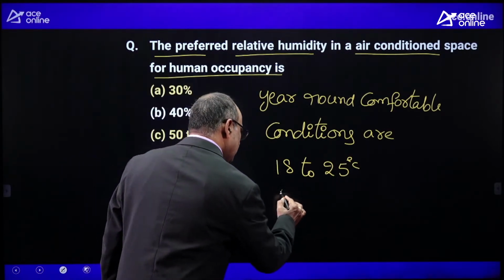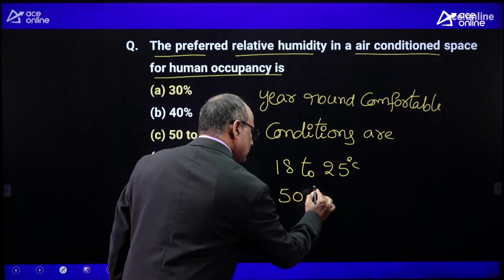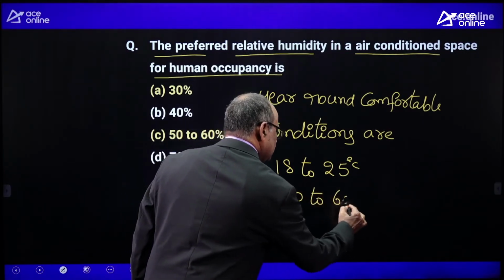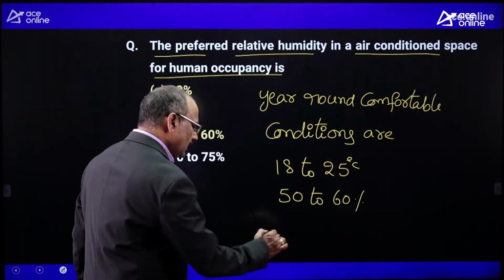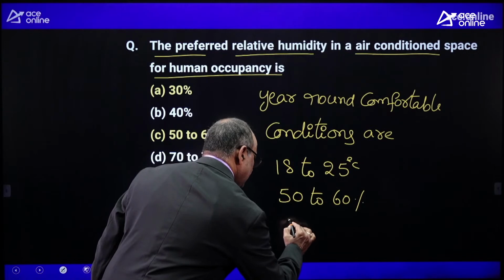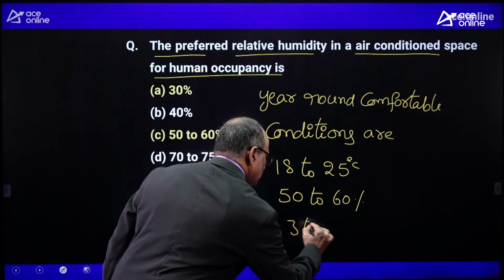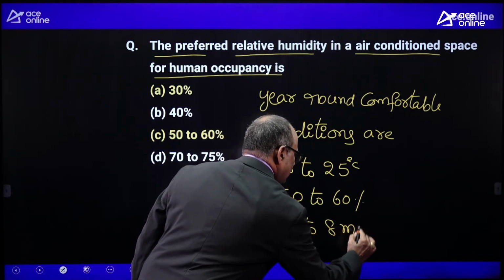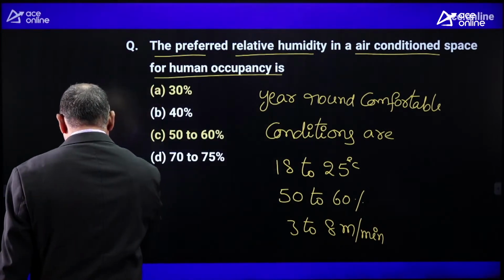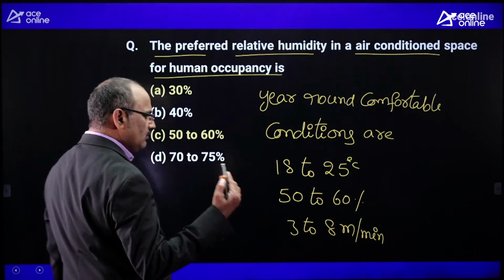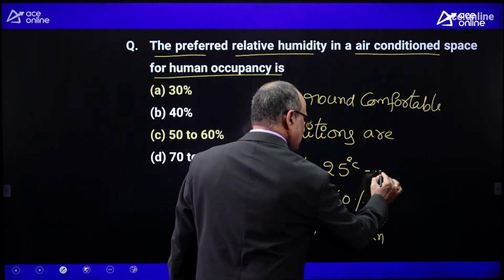The relative humidity from 50% to 60%. That is the relative humidity. And air velocity is from 3 to 8 meters per minute. These are the year-round comfortable conditions.